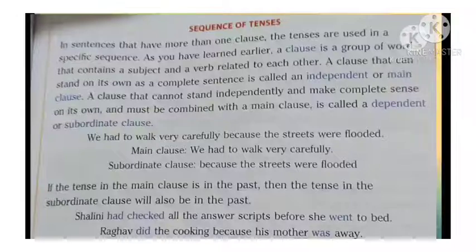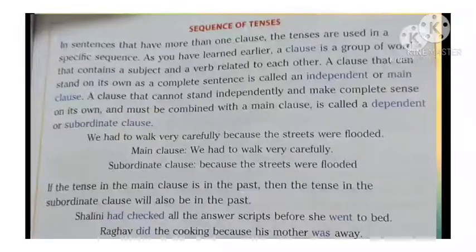Okay. See the examples. Shalini had checked. The words had checked show the sentence is in past tense, because they have used had. Had is a past form. Shalini had checked all the answer scripts before she went to bed. So which part of the sentence is the main clause, children? Which group of words? It is Shalini had checked all the answer scripts.